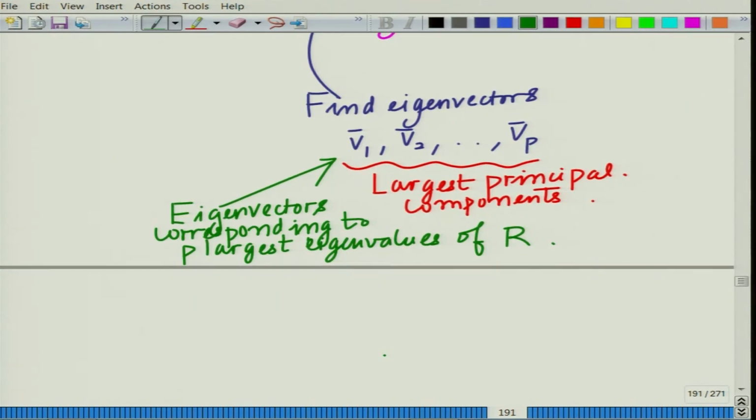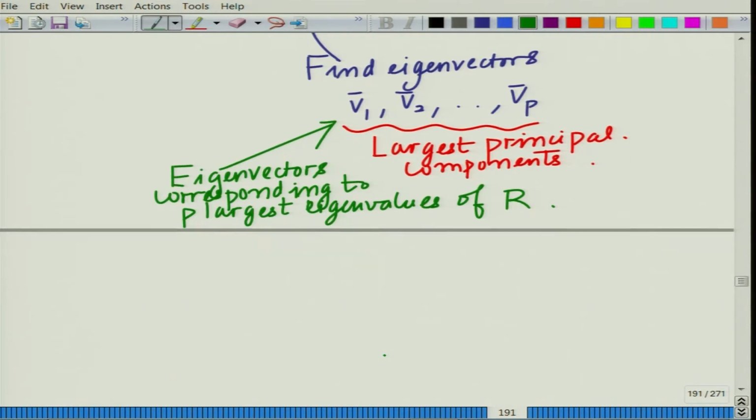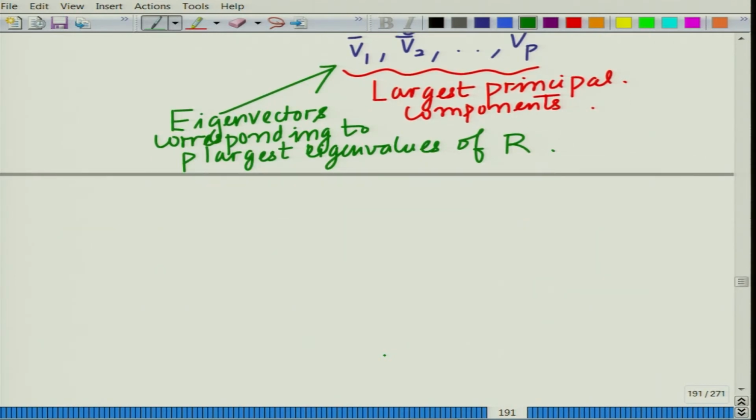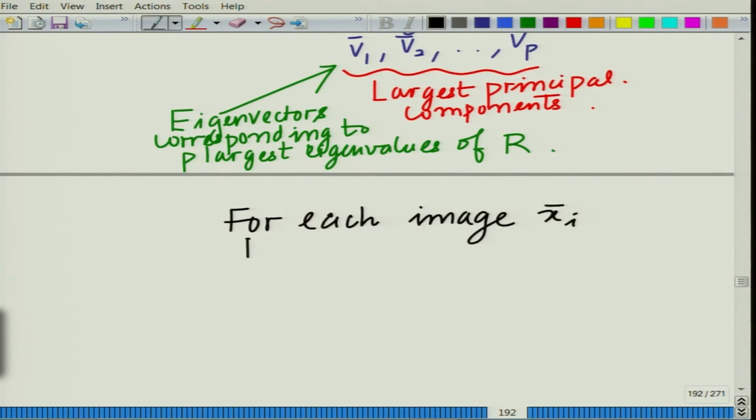And now what we do is we form the principal component vector. Alright. So, for each image x bar i, form the principal component vector.